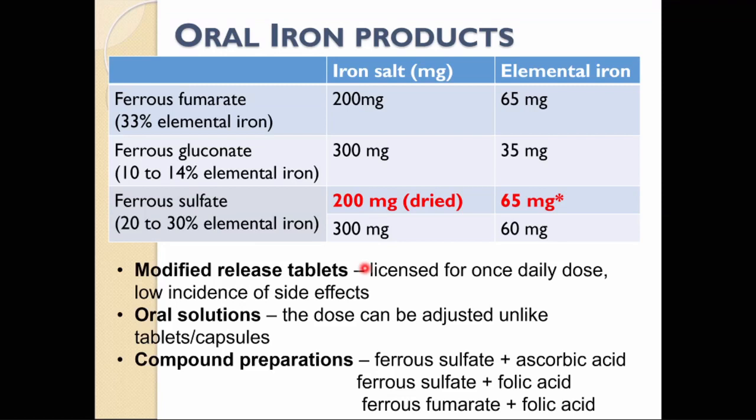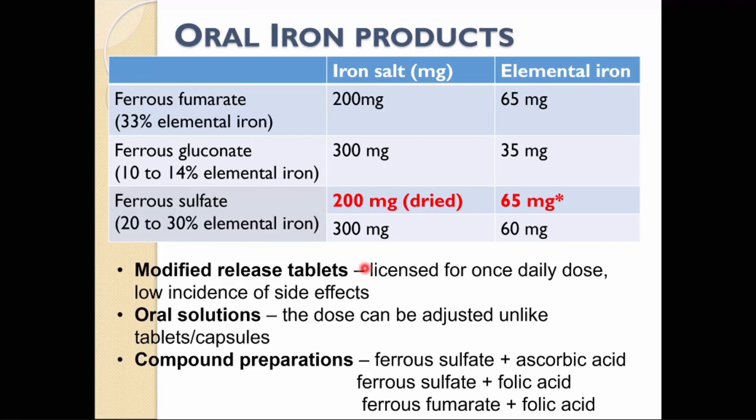But on the other hand, the absorption may also be impaired because it releases only a small amount of iron, and it might be releasing iron even in parts of the gut where it's not absorbed properly.